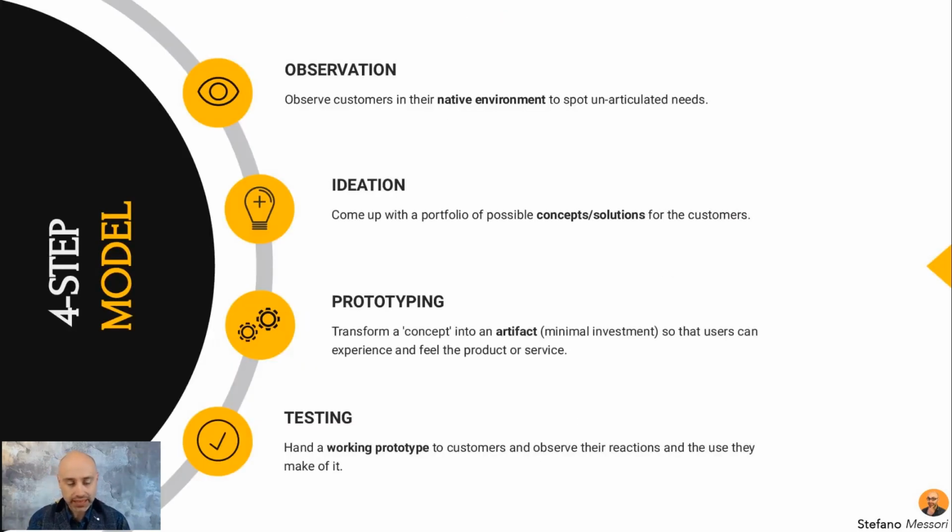So, having said that, let me outline 4 basic steps of design thinking. Now, there are many different frameworks out there that you can choose for your design thinking process.